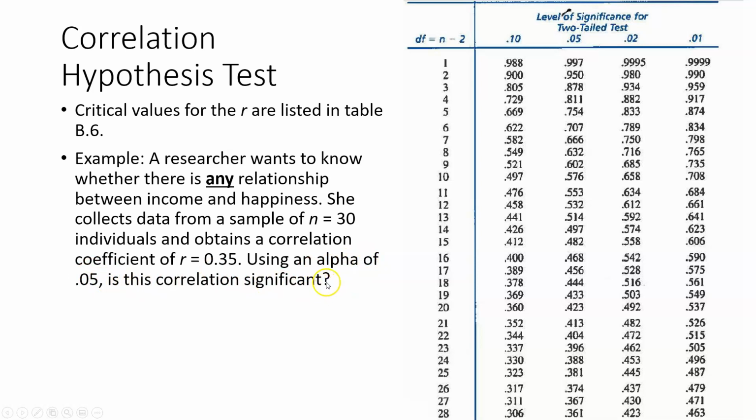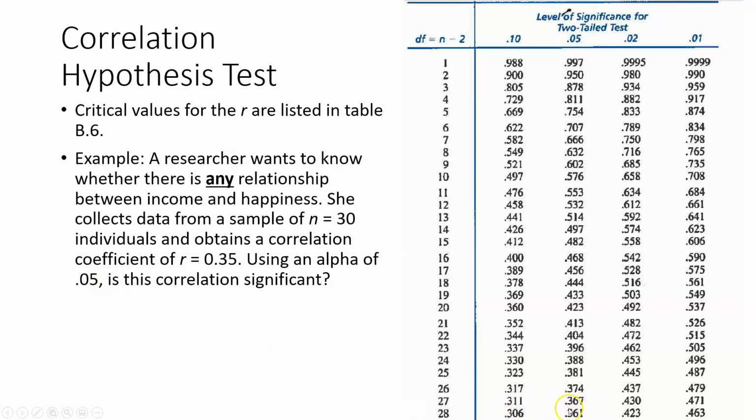Now the way we know is to look in our table. Degrees of freedom is n minus 2, so 30 minus 2 is 28. We come down here to 28, that's the very bottom of the table, at least in this particular image, because I've shortened it. And then we go across to our alpha of 0.05, which is right here, 0.361.